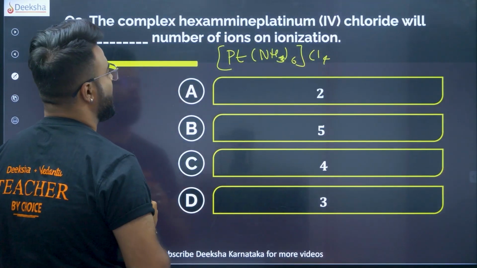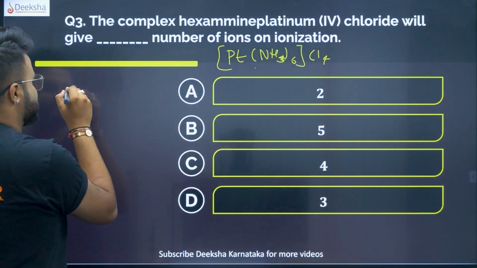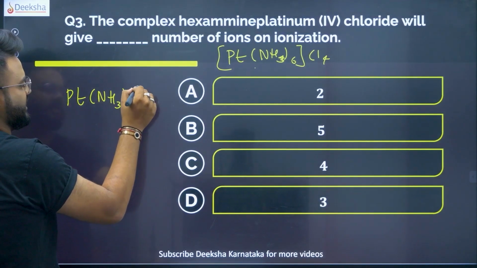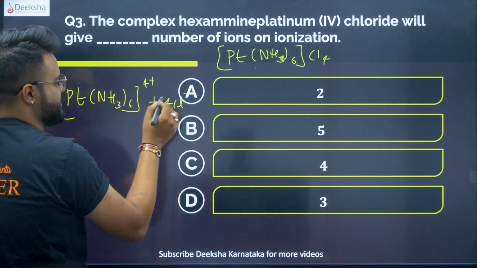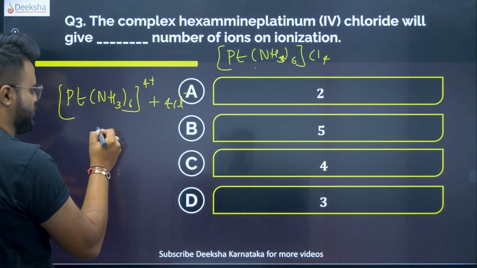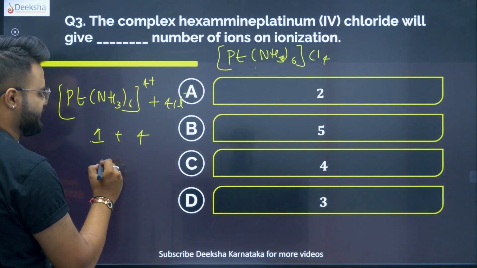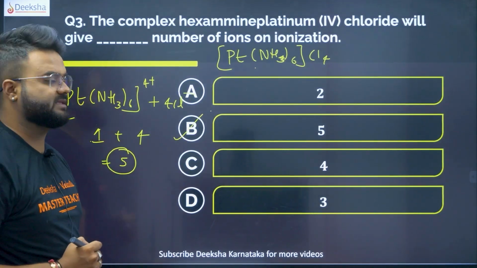How many ions does it give on ionization? When I do this ionization, it gives [Pt(NH3)6]4 plus and 4 Cl minus. So how many ions are there? Here it is only 1 ion. Here, how many chloride ions are there? 4. Therefore 1 plus 4 is equal to 5. Therefore option B will be your correct answer.